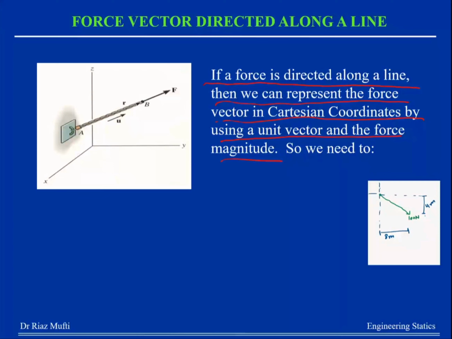got a vector here, and this is basically a rope. It's a rope somewhere connected to a wall. And I want to know up till here the vector of that rope.